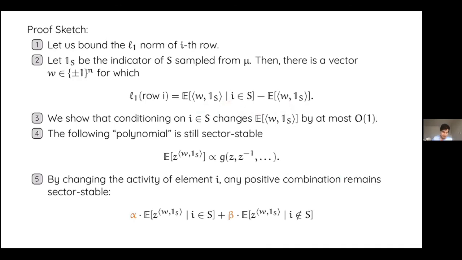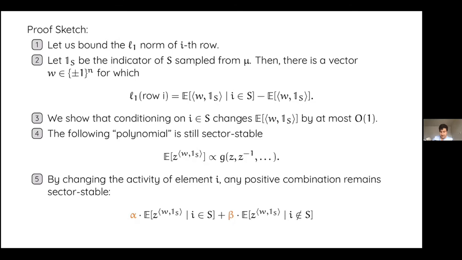Okay. So now you can come up with a polynomial that encodes this quantity, the inner product of W times the indicator of a sample, by just taking the expectation over Z raised to this power. This power is always an integer, so you get something like a polynomial, except Z might have negative powers too, but that's not a very important issue.